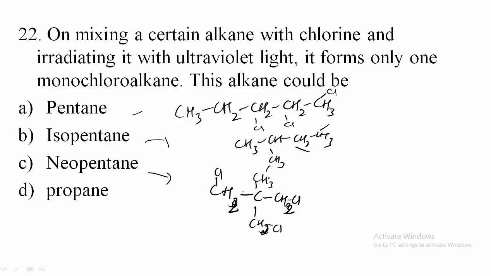That means from whatever position you remove hydrogen and substitute chlorine, you will get the same chloroalkane. So neopentane will form only one monochloroalkane. So option C will be the right one.